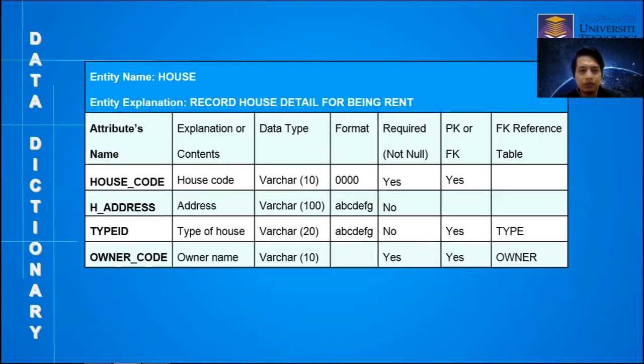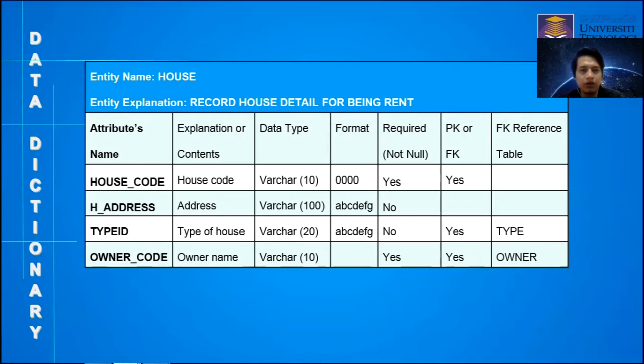So next, just like before, for this entity, which is the house, this entity actually records house details for being rented. So there are a few attributes in this entity, which are the house code, house address, type ID, and owner code. And here you can also see the data type, format, and required. So for the house code, it is required.